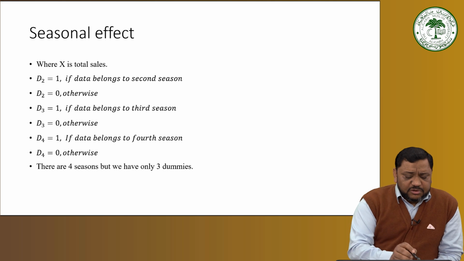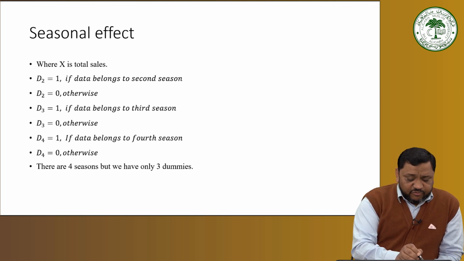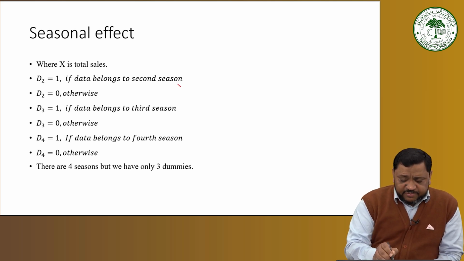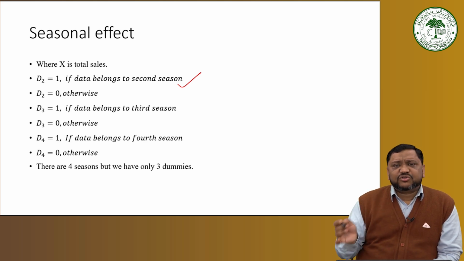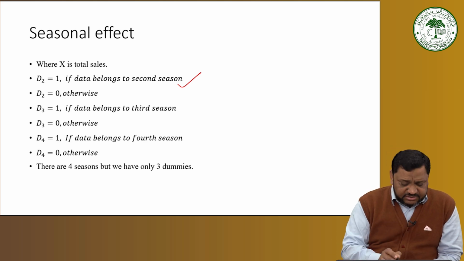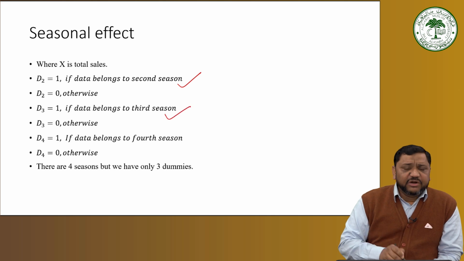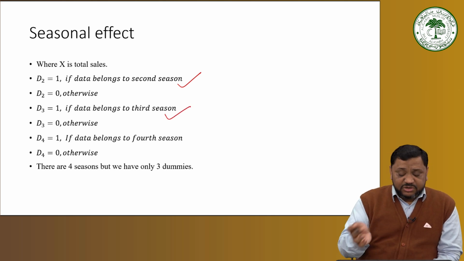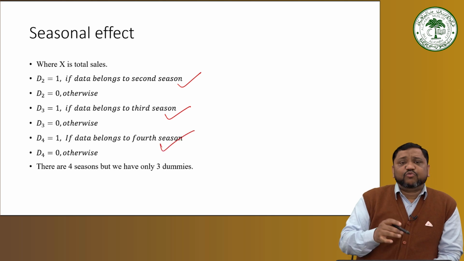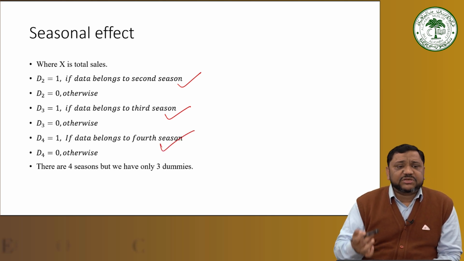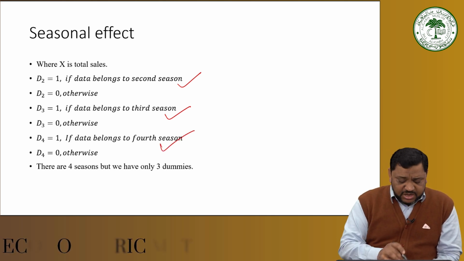How the dummies are formulated is clearly given here. If D2 is equal to 1, the data belongs to the second season, otherwise D2 is equal to 0. Similarly, if D3 is equal to 1, the data belongs to the third season, otherwise 0. If D4 is equal to 1, the data belongs to the fourth season, otherwise 0.